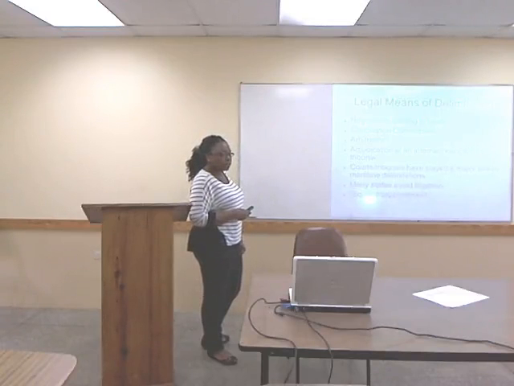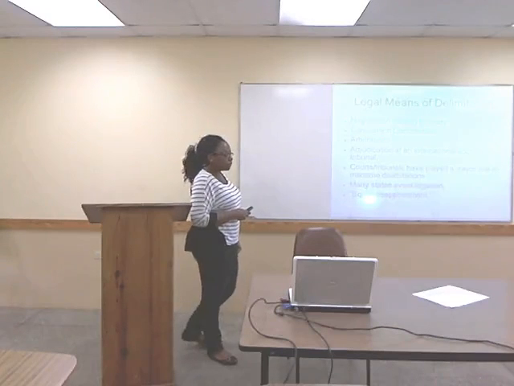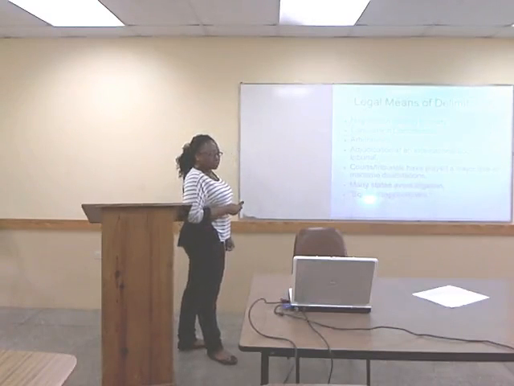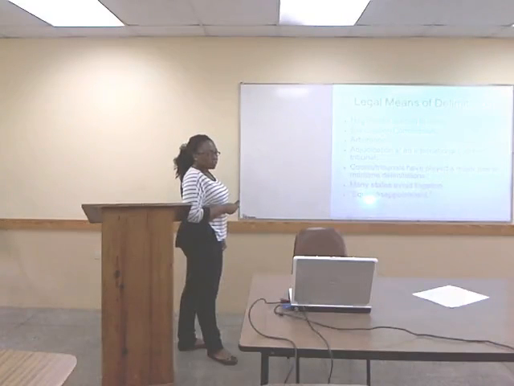Arbitration meaning that you agree to set up a tribunal. The two parties, in that case Trinidad and Tobago and Barbados, will agree on the composition. Who should sit on the tribunal? Trinidad would select one member, Barbados would select another, and then the two of them would agree on a third, who would chair the tribunal.